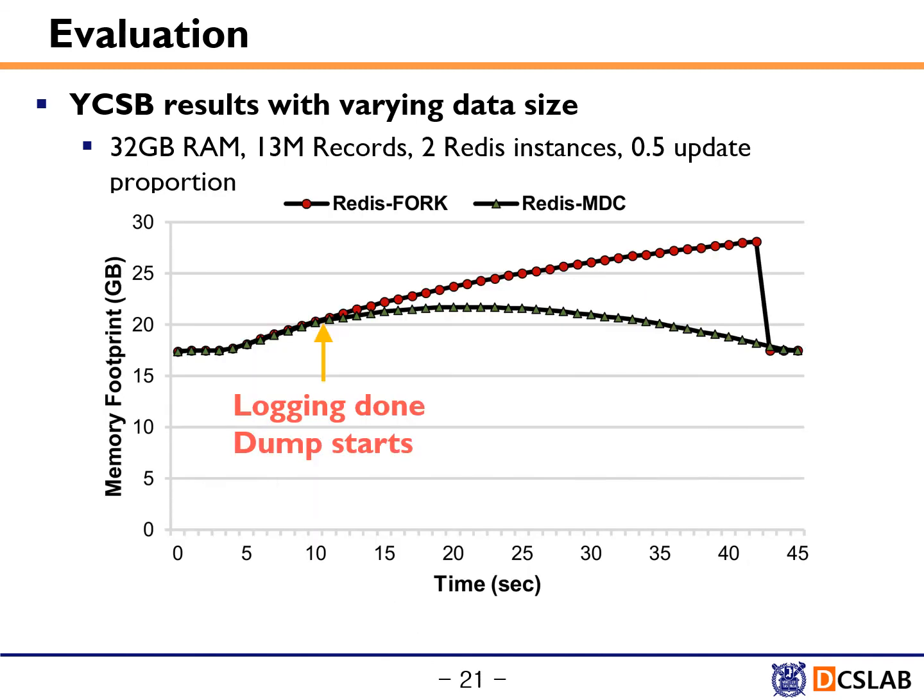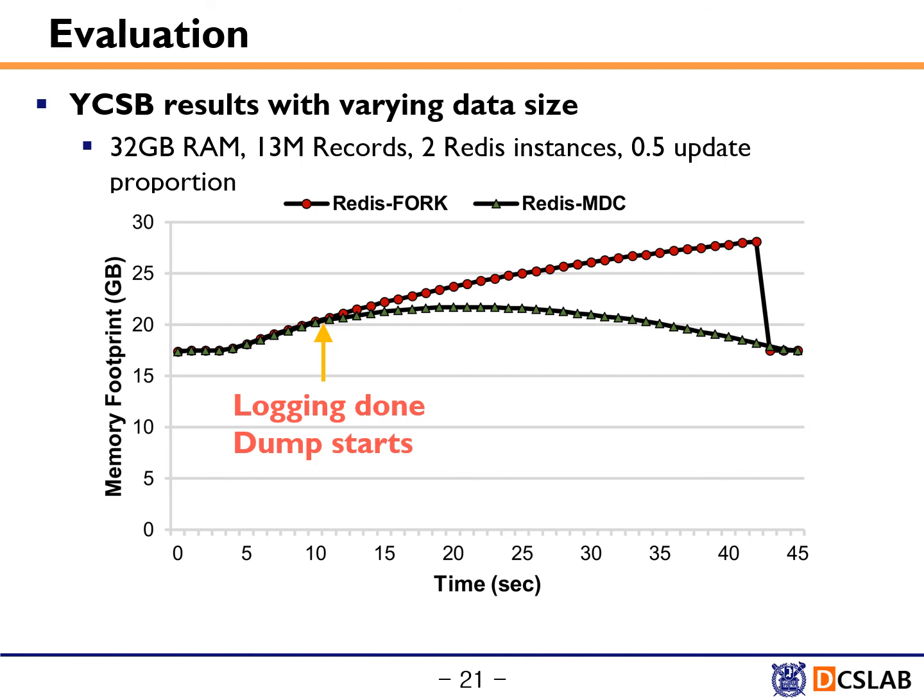To analyze how the memory footprint changes, we plot the memory footprints of Redis fork and Redis MDC over time for the 13 million records. The Redis fork's memory footprint incrementally increases over time until checkpointing finishes.